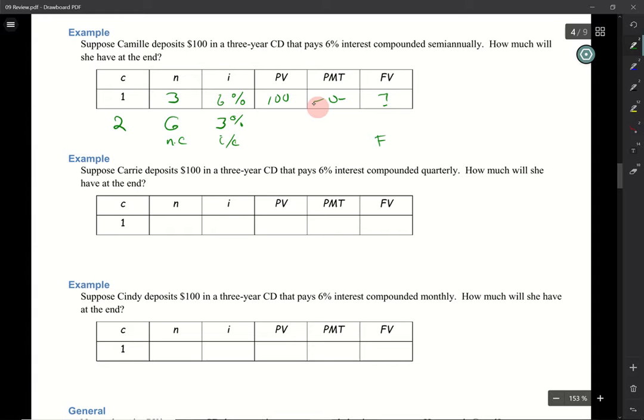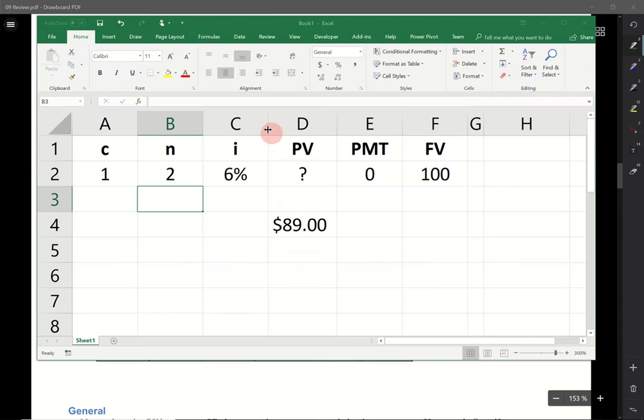And so the FV, again, would be the interest rate, and then the number of periods, and then the PV in this case. Okay, and so if we wanted to do that in Excel, now we're down to the second row, and we have semi-annual compounding.